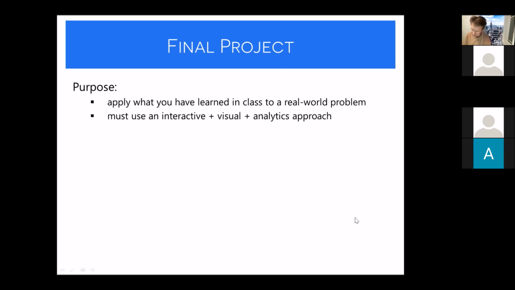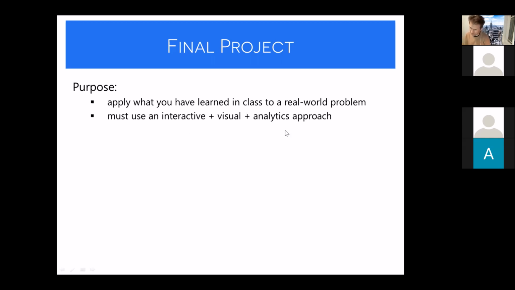So next time, we'll learn about interaction, and we'll learn about dashboards, and then you really know everything you need to know, right? Those basic things that you need to know. And what I really want you to do is have a real world problem, and use an interactive plus visual plus analytics approach, right? Which is actually visual analytics, right?